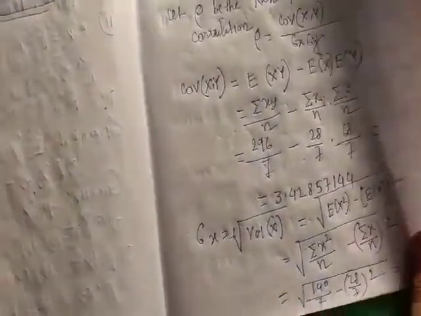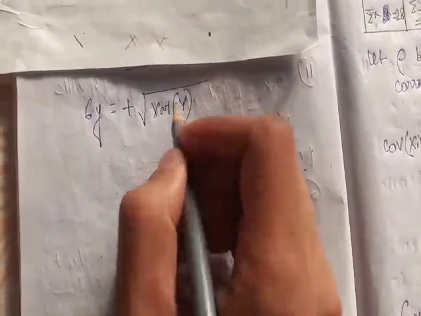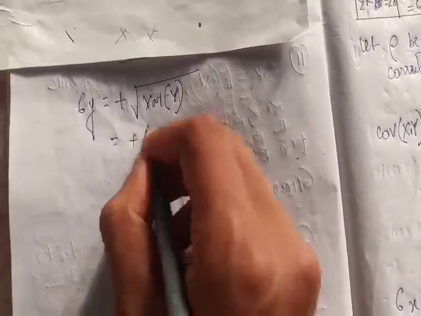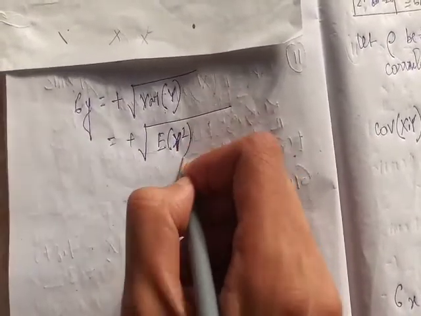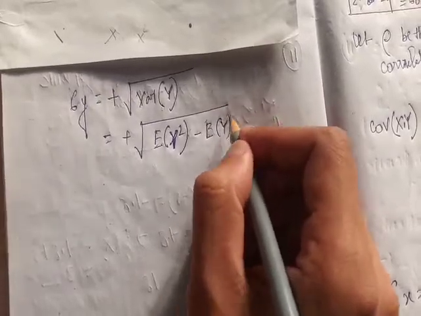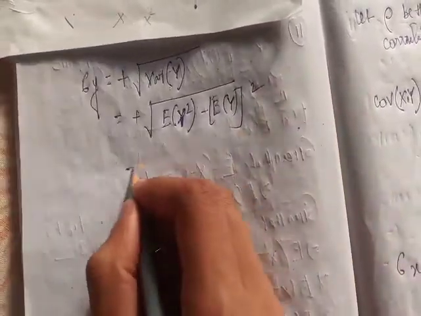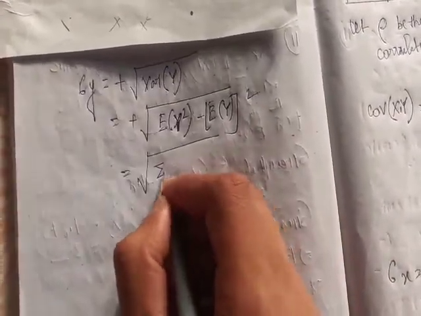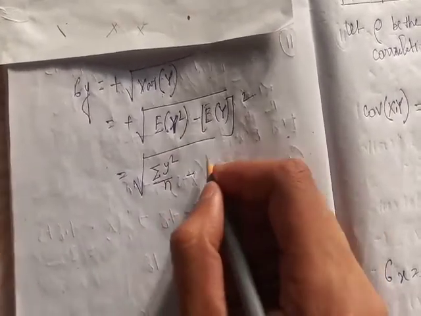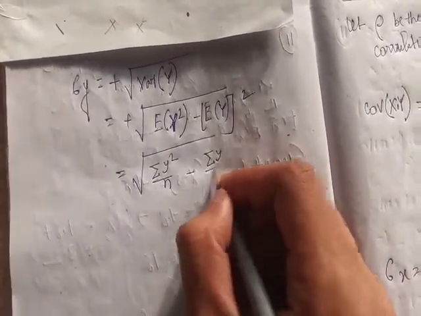Next we find sigma y, the positive square root of the variance of y. The variance of y is expectation of y square minus expectation of y whole square. Expectation of y square is summation y square by n, minus summation y by n whole square.